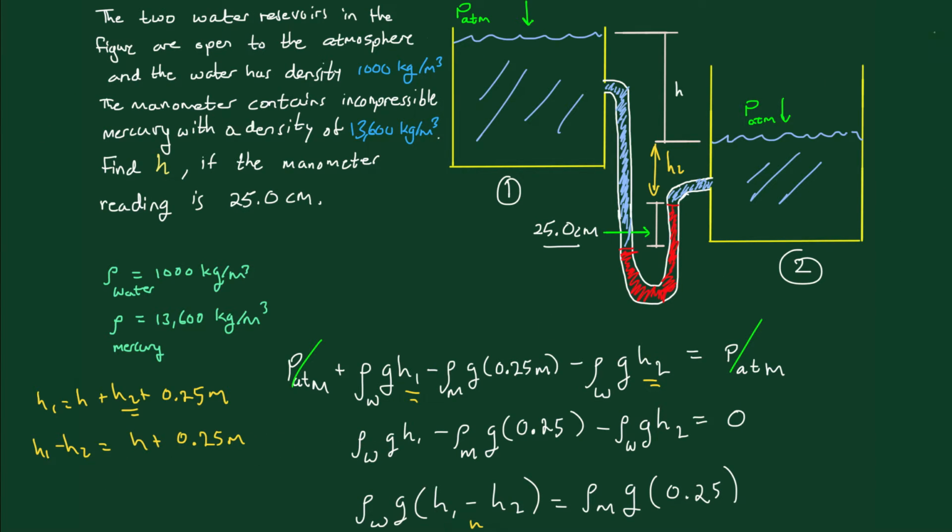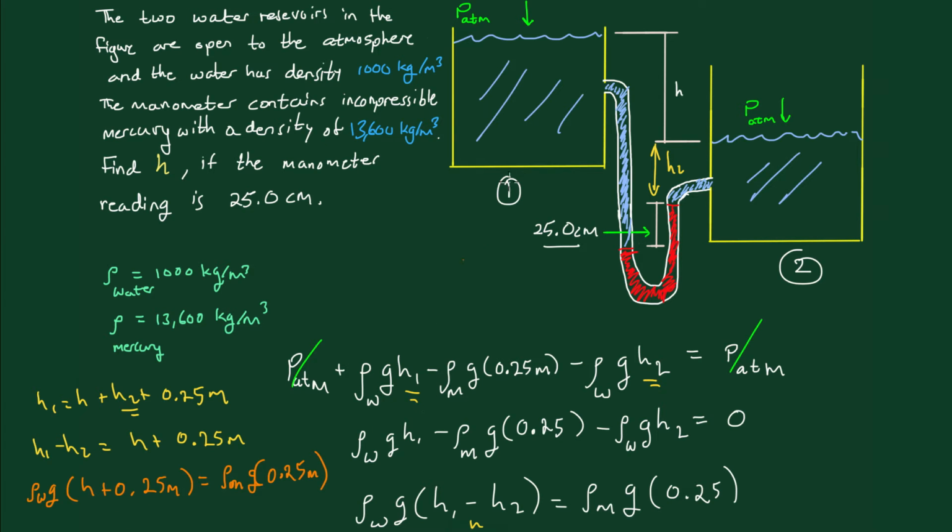So we can actually write rho of the water times G times (H plus 0.25 meters) is equal to rho of the mercury times G times 0.25 meters.